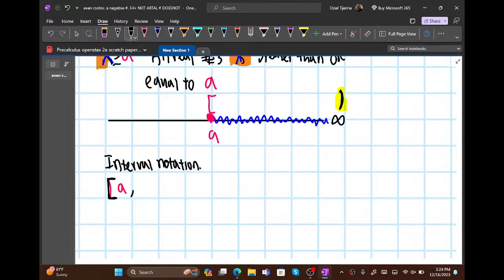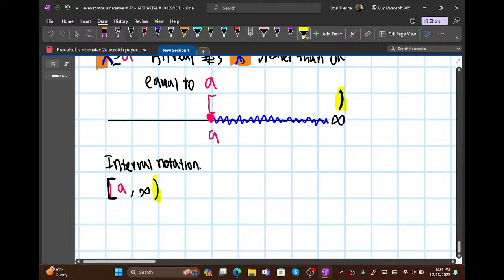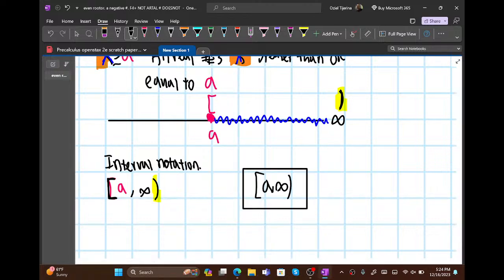It doesn't matter if it's color-coded or not. I'm just doing this for those of you that are visual learners. So, to infinity. Really, you can just say bracket a to infinity. That would be the interval notation of this one.